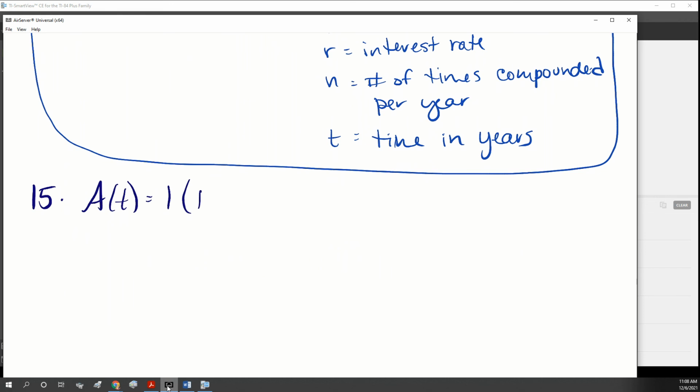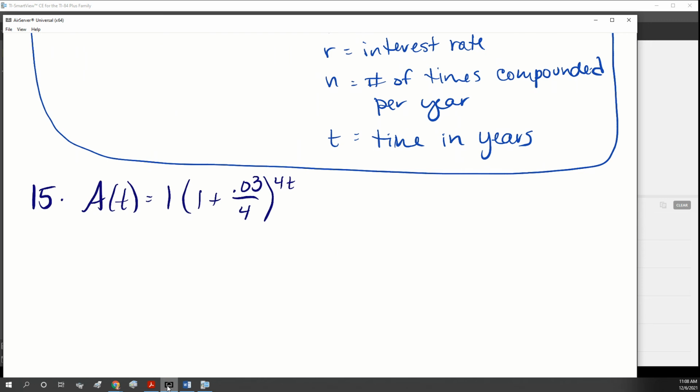All right, and then it's going to be 1 plus. What are you guys going to put in for r? It should be 0.03. And then what's in for n? 4, because it's compounded quarterly, and it's raised to the 4t. All right.